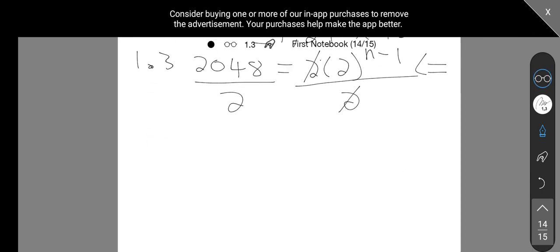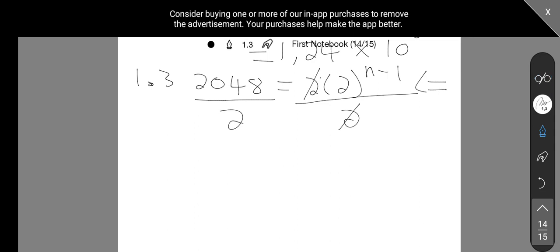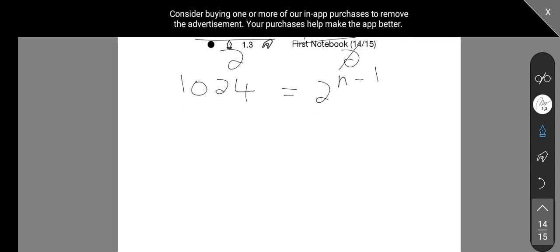Then we're going to say 2048 divided by 2, that gives us 1024. That's 1024 is equal to 2 to the exponent n minus 1. Since you have not been introduced to log, I'm going to show you how log works.